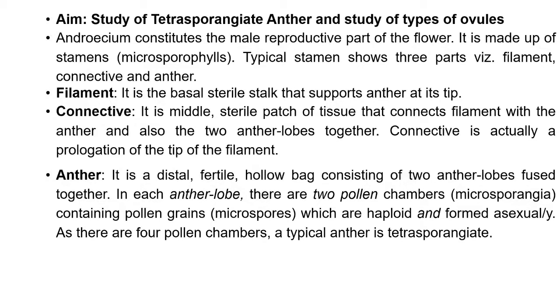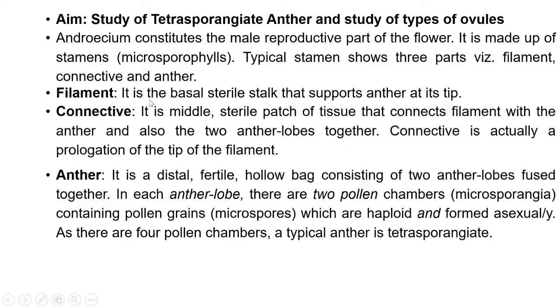You know that a typical flower consists of a male sexual organ. It is called androecium. Androecium constitutes the male reproductive part of the flower. It is made up of stamens or microsporophylls. A typical stamen shows three parts, that is filament, connective, and anther.